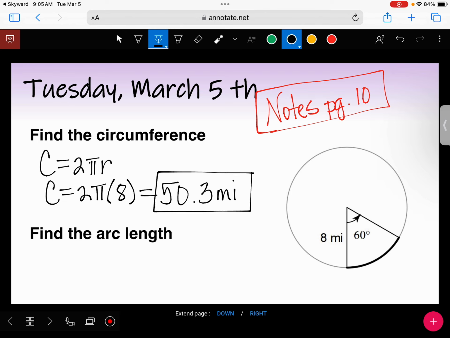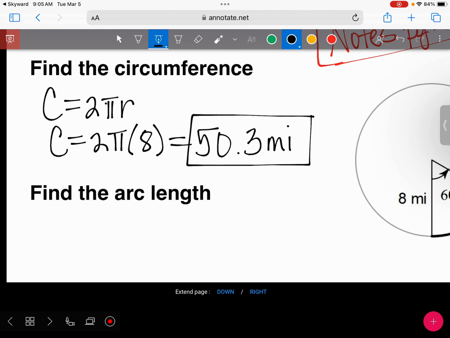Okay, so to find the arc length though, go ahead and look in your notes. I think it's on page 10. Look for that formula we learned yesterday. L equals the angle over 360 times 2 pi r.